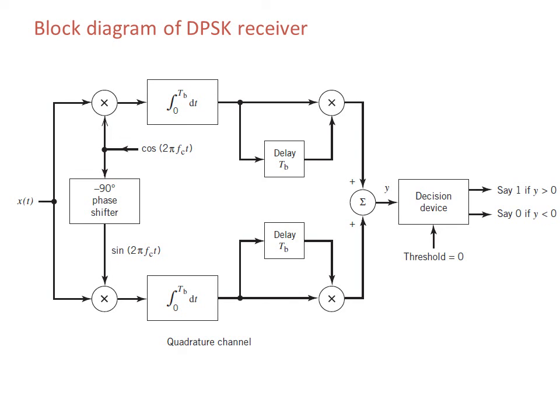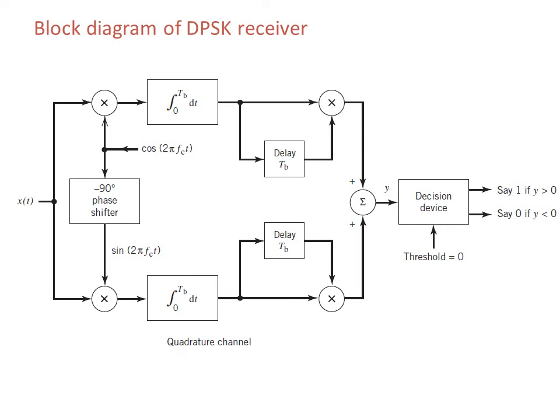If you look into the block diagram, the received signal x of t is transmitted in two paths, that is the in-phase path and the quadrature path. In the in-phase path, the received signal x of t is multiplied with cos 2 pi fct. Then one bit duration is considered and it is multiplied with its delayed version.